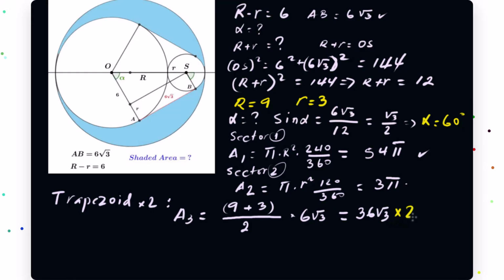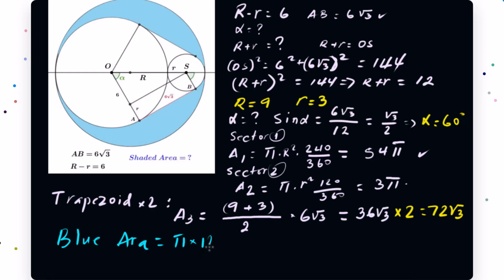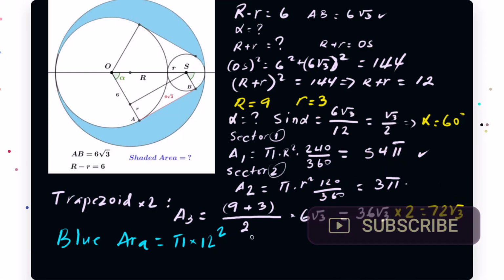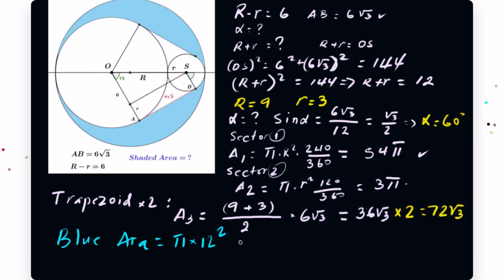So we have all the elements here to calculate this blue shaded area now. It is just a matter of the difference between the outer circle, which has radius 12, and the rest. So we can say the blue area is equal to pi times 12 squared minus 54 pi minus 3 pi minus 72√3.